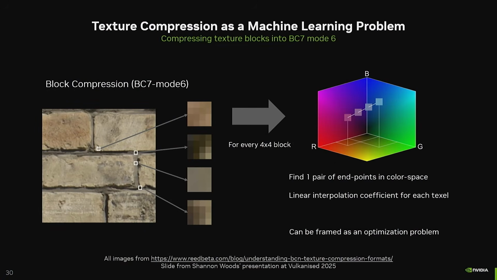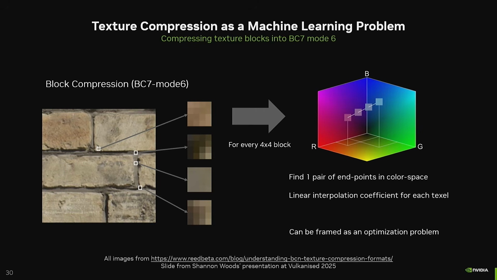Let's make this a mental experiment, or toy experiment, by looking at BC compression, such as BC7 mode 6. BC compression is a pretty old standard, and it's supported by all the current GPUs, but the core idea here is that we take the image or texture and split it into blocks of 4x4 pixels, and for each block we have one or multiple pairs of endpoints.